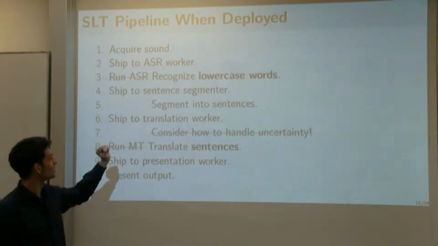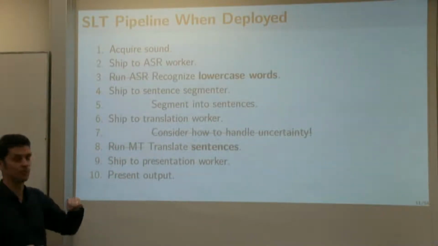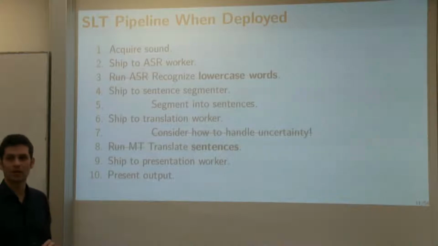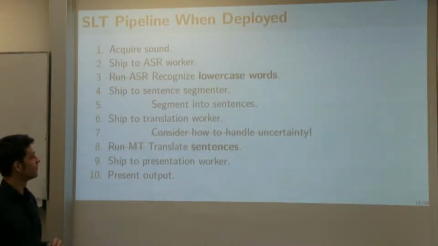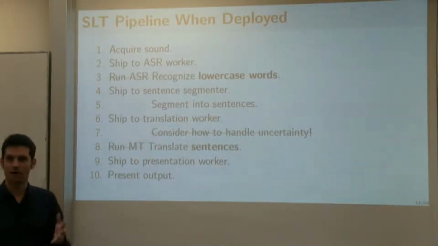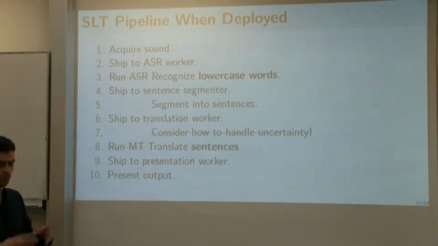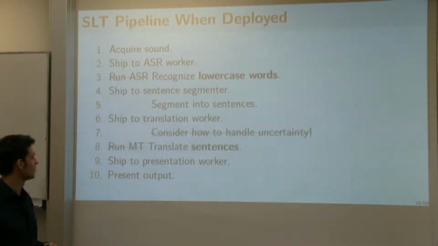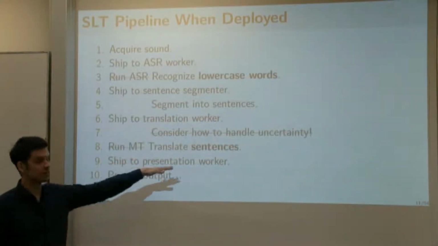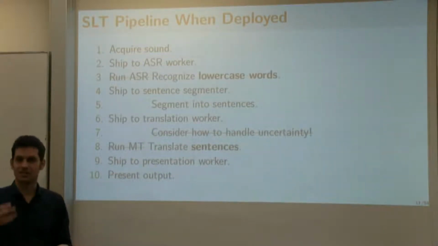It will translate these individual sentences into the target language, and there would be no room for any uncertainty, so no ambiguity of the input can be reasonably well handled there. You would have to be sending n-best lists, for example, and then you ship it to some place where it gets presented.